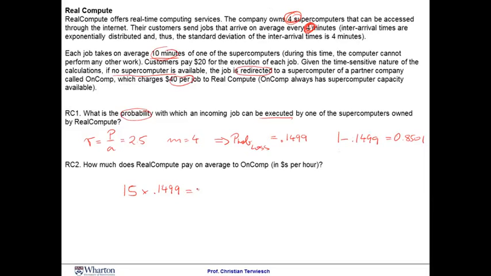So in that case, we have to turn away 2.2485 expected jobs. And if we multiply that with a penalty of $40 per job, we get an expected hourly payment to our partner company of $89.94. So this is dollars per hour.